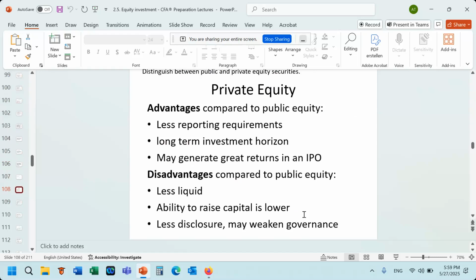This usually goes to the upstairs market and it's placed with some rich individuals or money managers and gets a different price, and it's harder to place. Therefore, the ability to raise capital for firms that are private and have private equity is lower. It's easier to issue bonds and issue stocks if we are a public company.